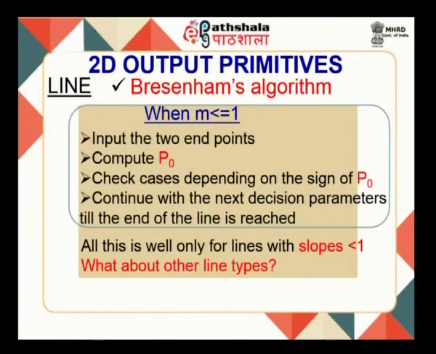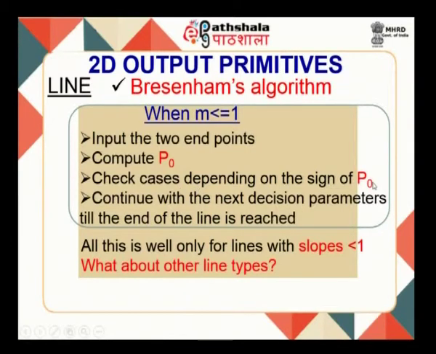So, we are choosing a case here, m is less than or equal to 1, and we are going to sample the line along the x axis at unit intervals. The first step is to input the two endpoints of the line. The procedure is summarized here, you can look at this carefully. The next step is to compute P naught using the relation 2 del y minus del x, and check the cases depending on the sign of P naught.